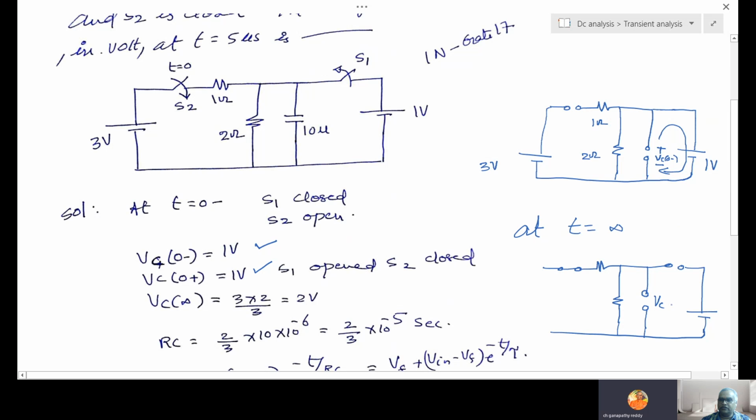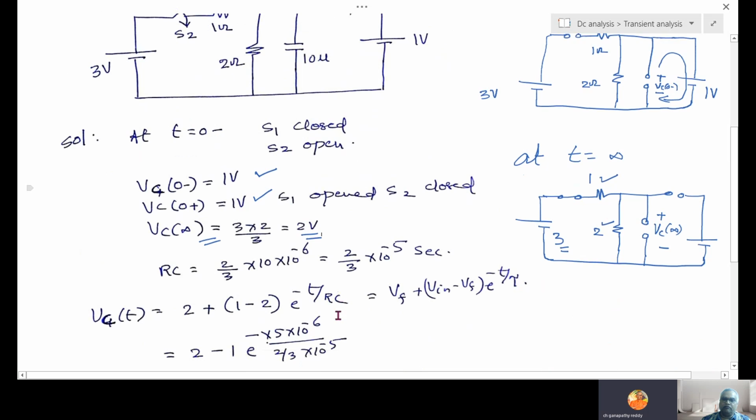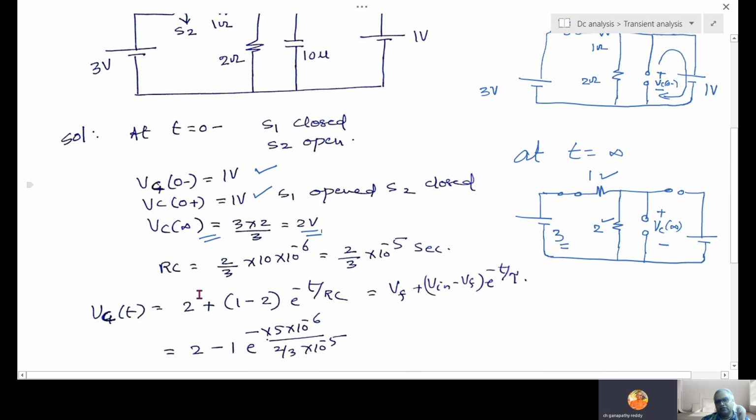So this is VC(∞). 1 ohm, 2 ohm, and here 3 volts are there. So what can VC(∞) be? This voltage is nothing but the voltage across 2 ohm. So 3 is dividing between 1 ohm and 2 ohm. So 3 into 2 by 3 is 2 volts. So the final voltage is 2 volts.